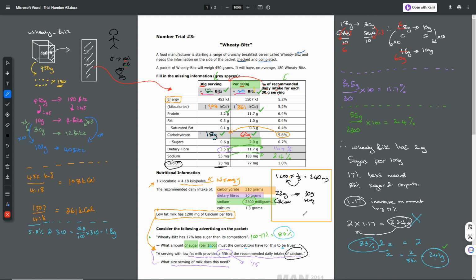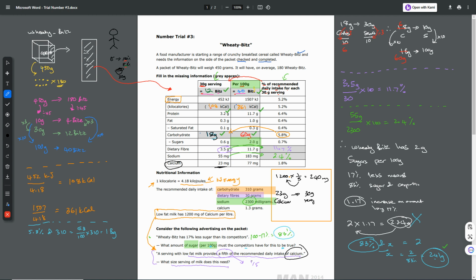And so 23 grams comes from this particular 30 gram serving of Wheatie Bits. So the next question is, how many milligrams comes from the milk? Where do we get that information from? We also need to get how much of that comes from milk. 1,200 milligrams per liter, so we need 237.